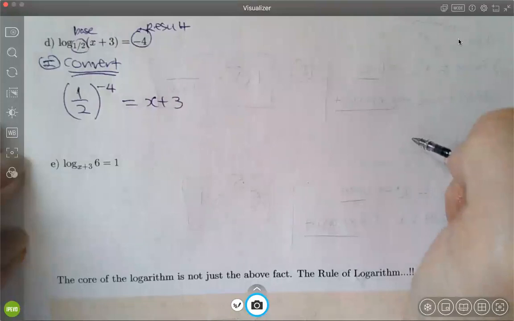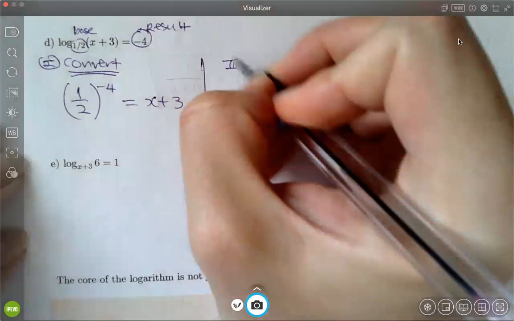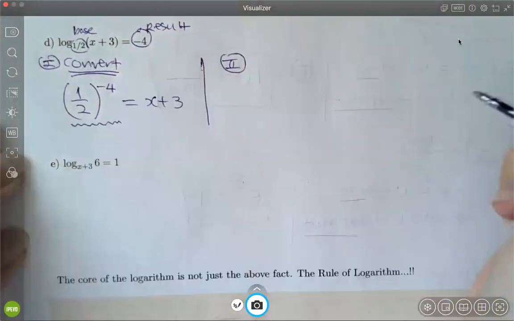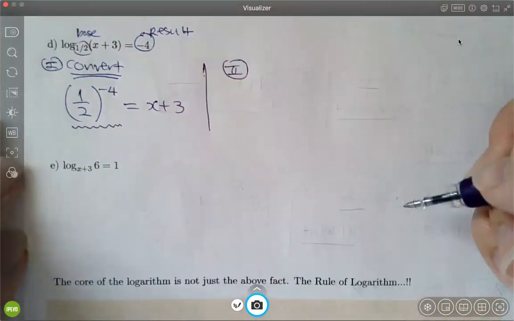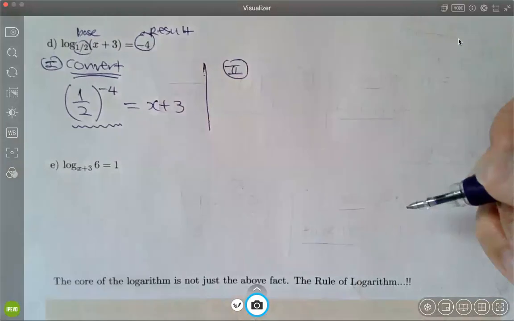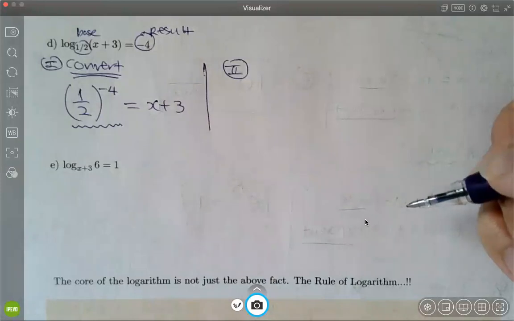Okay, so now we just have to solve it. What is 1/2 to the power -4 equal to? 16, yes.